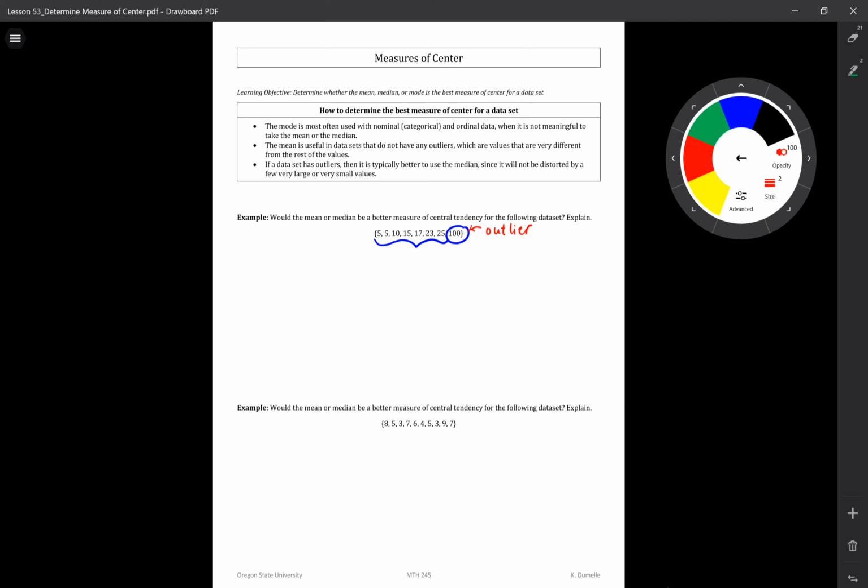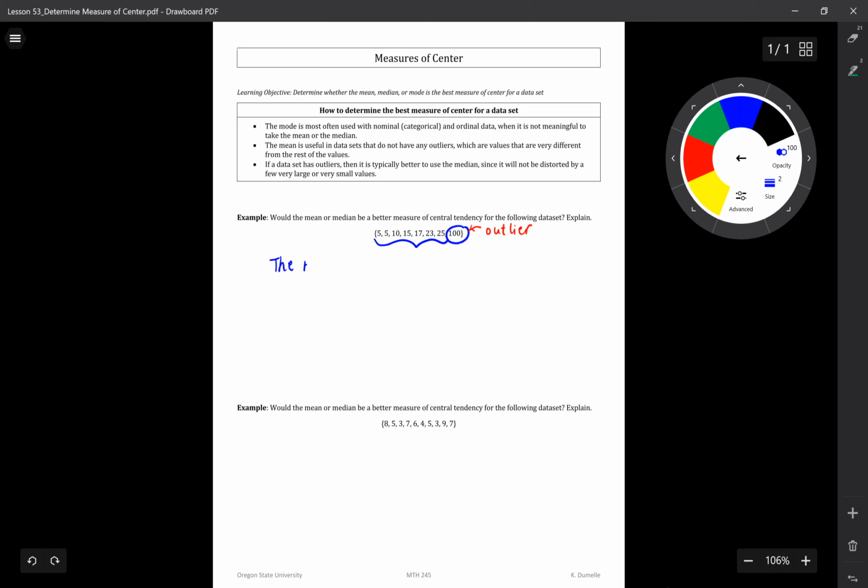So if I were to take the mean of this data set, that 100 would really affect the mean because I would add up all of these numbers and then divide them by the number of data pieces that we have. So that 100 would really make a huge difference if I took the mean. So because I have an outlier, the median is most helpful.